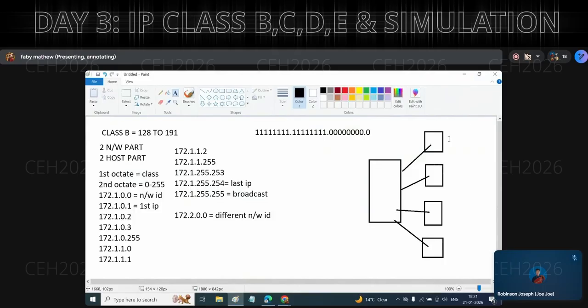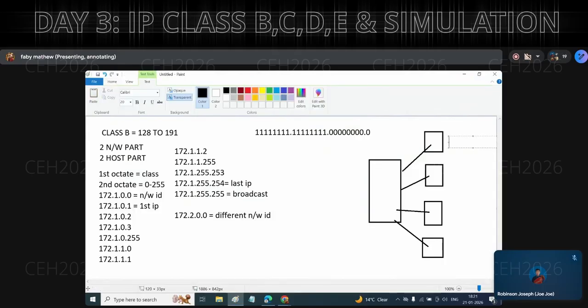This is your first machine, and I place the value 172.1.1.1, or 100, whatever. I'm placing a simple value. In this machine, 172.1.1.2.